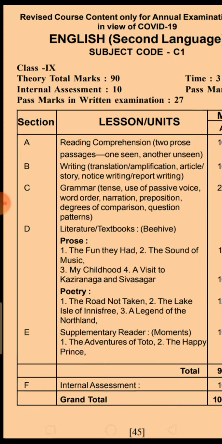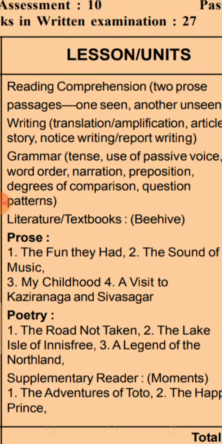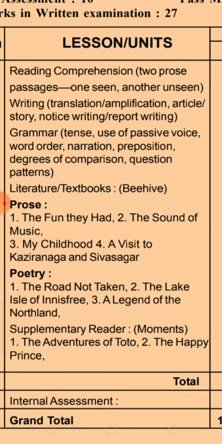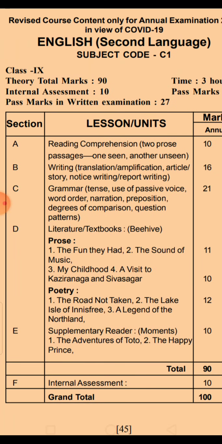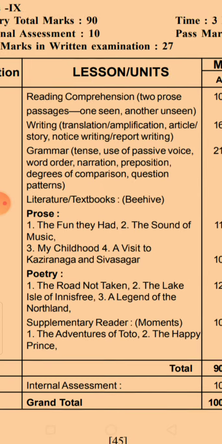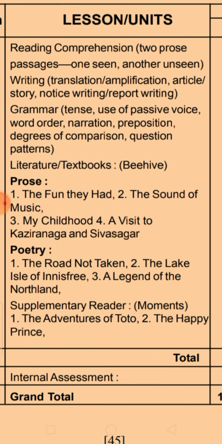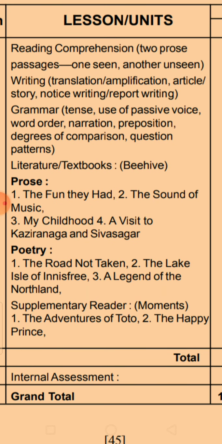And your literature textbook, which would be your Beehive, in your prose, you have 4 chapters: The Fun They Had, The Sound of Music, My Childhood, and A Visit to Kaziranga and Sifsagar. In your poetry section, still from Beehive, you would have The Road Not Taken, The Lake Isle of Innisfree, A Legend of the Northland.